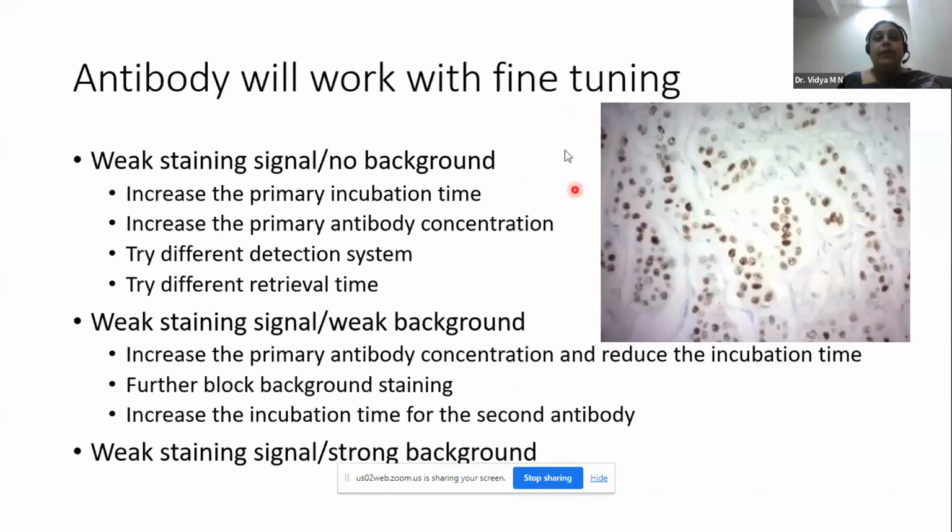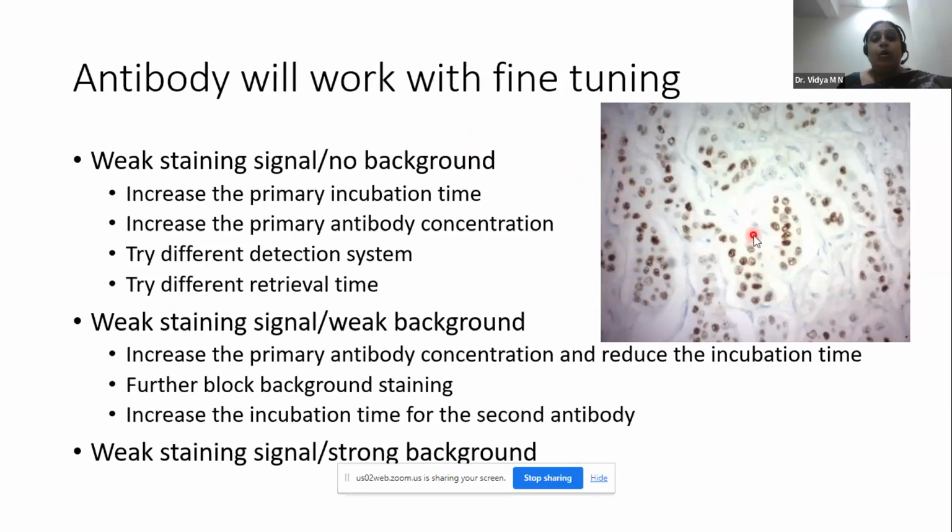The next scenario is, when do you know that the antibody will work, but with a little bit of tuning? So this is how you can see compared to the other case. You can see a lesser number of cells have stained here, and it is a weaker stain, when compared to the strong nuclear stain that you had seen in the last slide. So here you need to understand that there is weak staining signal but no background.